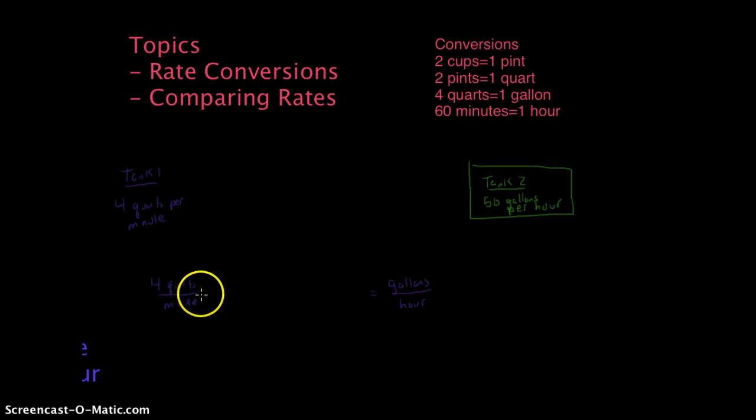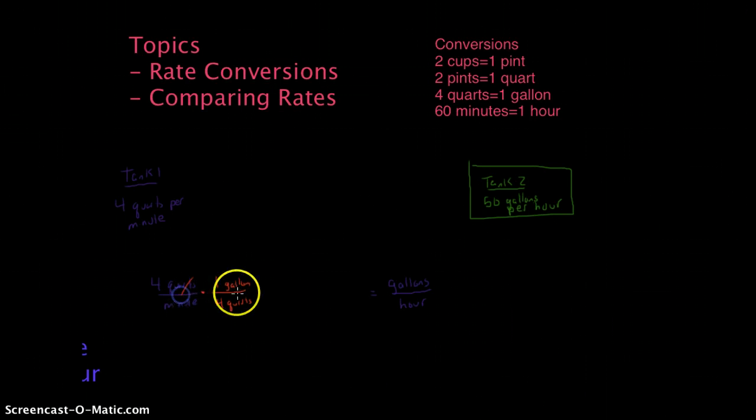Okay, so clearly I'm going to need, let's do my conversions in red. 4 quarts per minute. Now I'm going to need quarts on the bottom. So let's see, 4 quarts, and that's equal to 1 gallon.